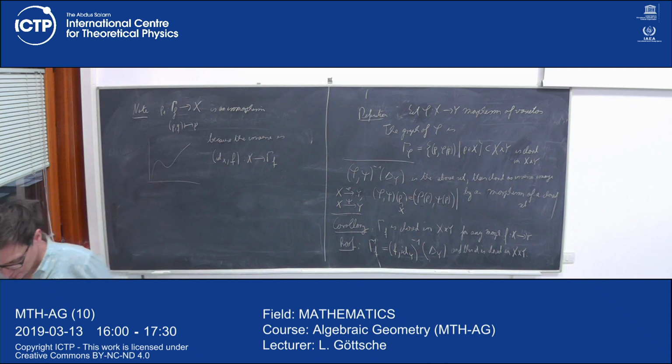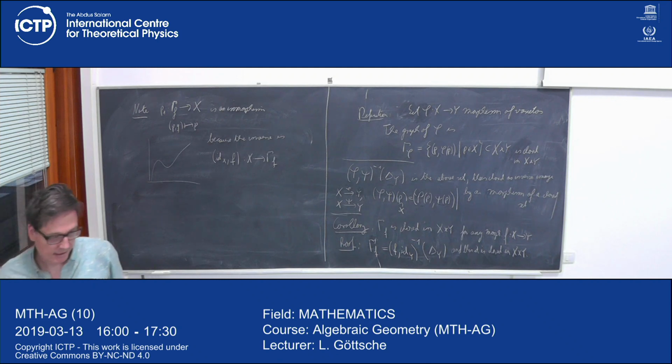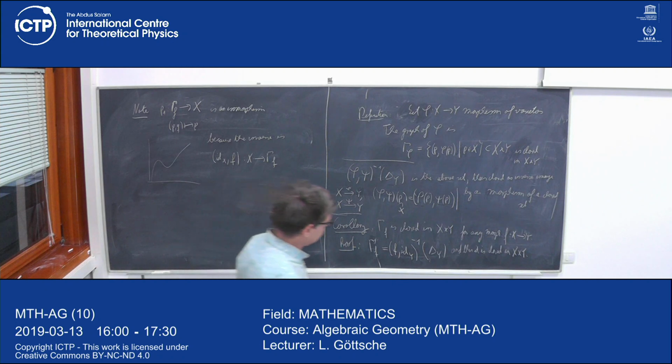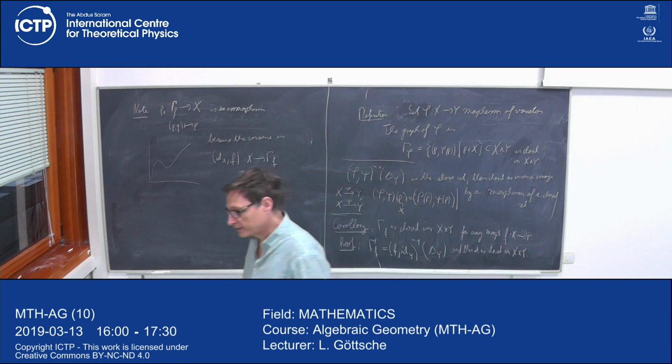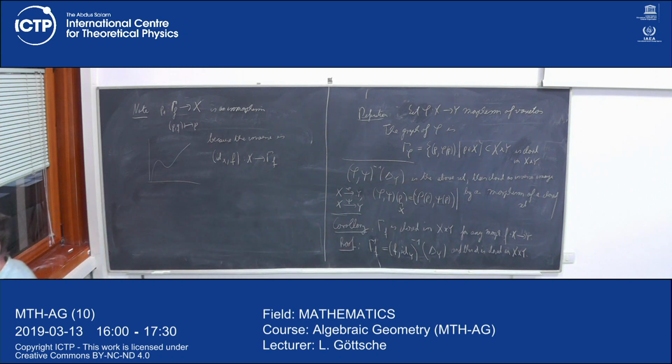I will in a moment say what the precise definition is, but in particular it implies that any morphism from a complete variety, like a projective variety, to any other variety will have closed image. This is like, if you have a continuous map from a compact topological space to a Hausdorff topological space, the image will always be closed. So this is the analog of that.